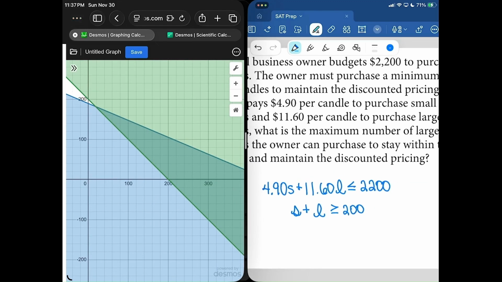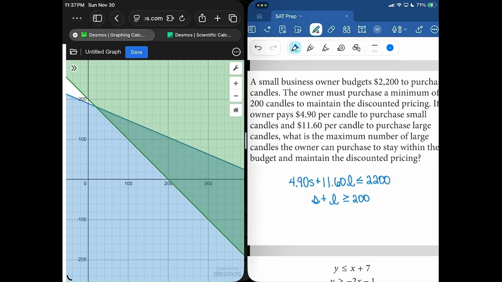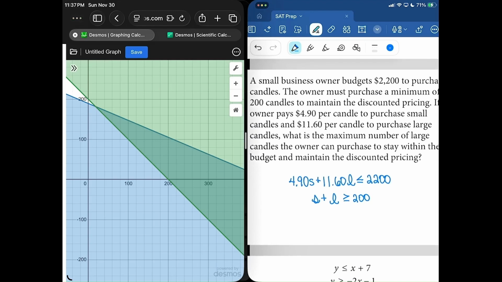So what we're looking for is the largest number of large candles, the maximum number of large candles. And in this case, I replaced our L with a Y value. So we want the biggest possible Y value, which is going to occur here.